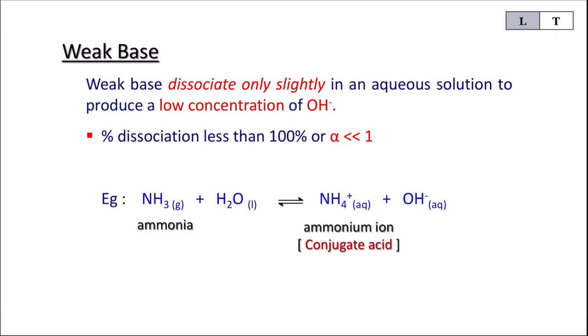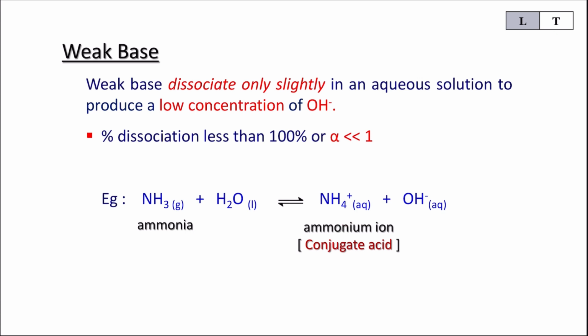So NH4+ ni awak selalu nampak, tapi jangan confuse, dia bukan ammonia, tapi nama NH4+ adalah ammonium ion. So dia adalah conjugate acid kepada base ammonia ini. So you can see that apa yang terjadi, ammonia kat sini dia accepts proton untuk hasilkan NH4+.